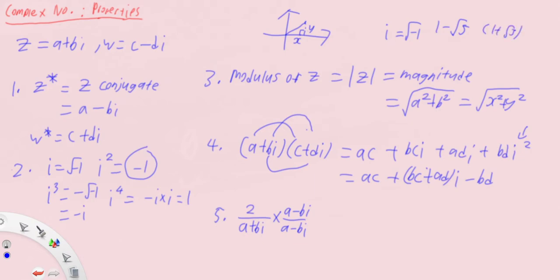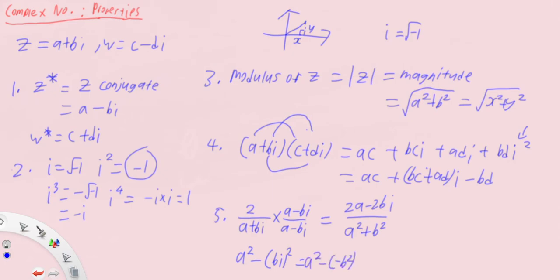It's the same idea here. That's why if your denominator is a plus bi, you rationalize it with a minus bi. On top, 2a minus 2bi, below a square plus, not minus, b square. Why not minus b square? Because a square minus bi square, b square times i square is minus b square, minus minus b square, equals a square plus b square. Let me just write it out for you so you can see what's going on.